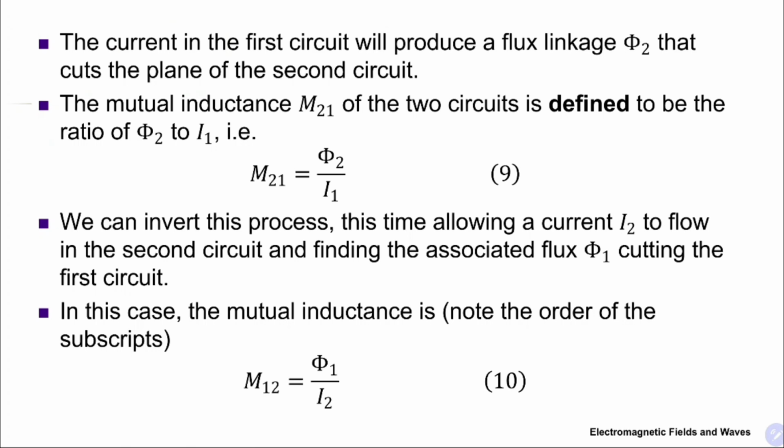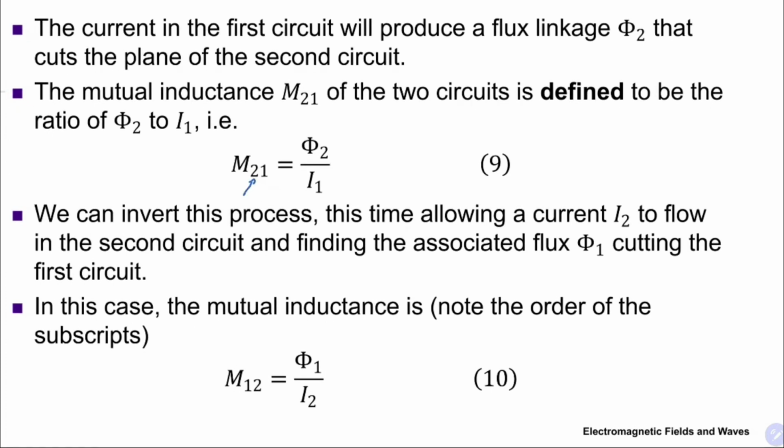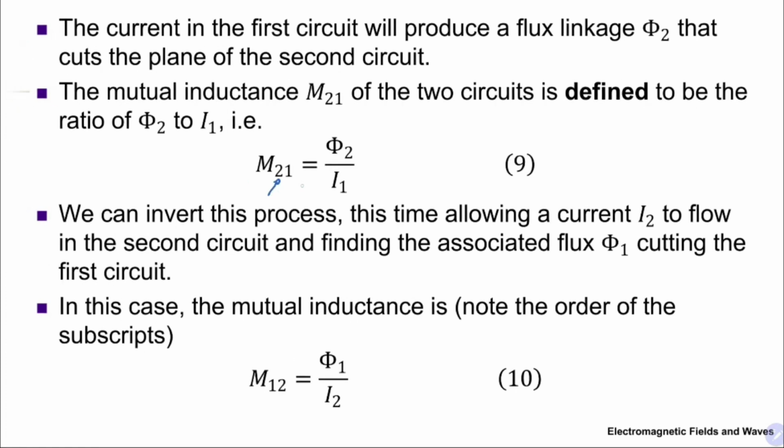The mutual inductance is defined as phi 2, the flux linkage at circuit 2, divided by the current in circuit 1. So you have phi 2 over I1, and the subscript is M21. The first subscript refers to the flux linkage, and the second subscript is the current.